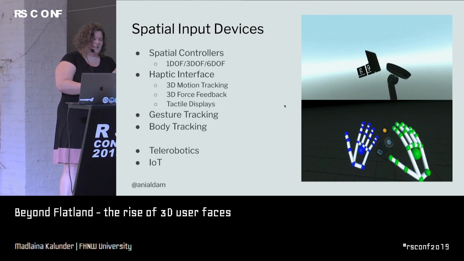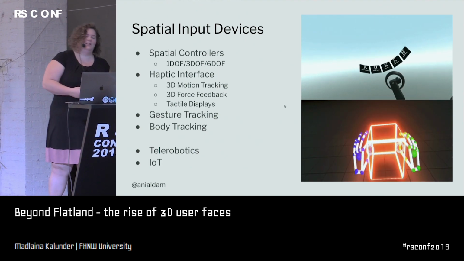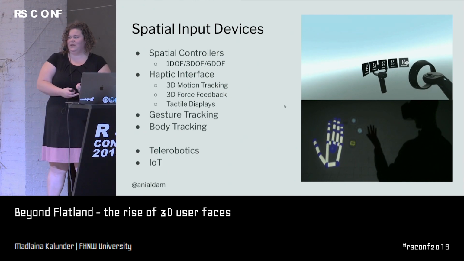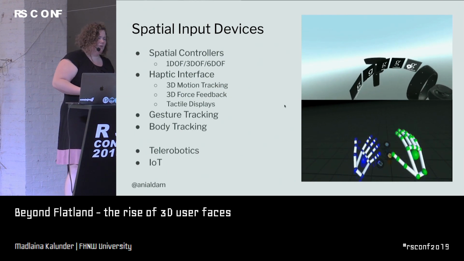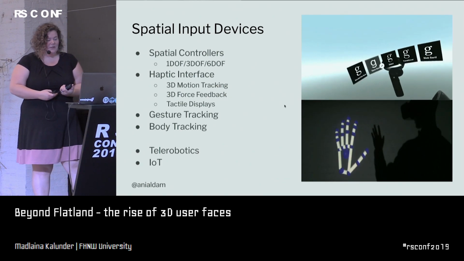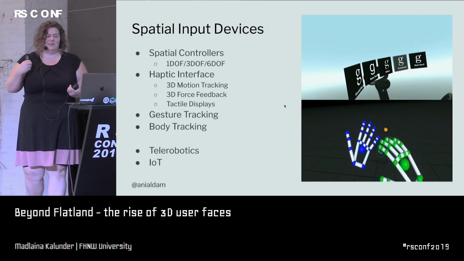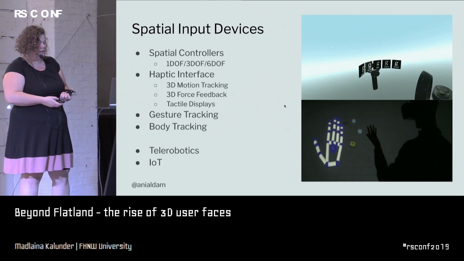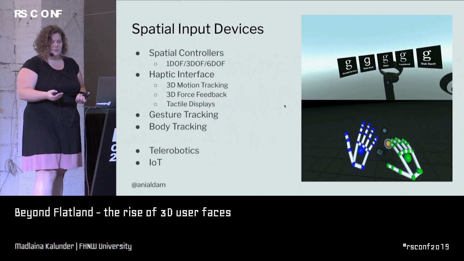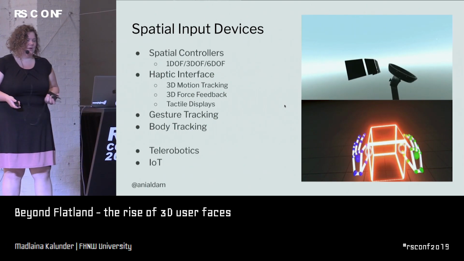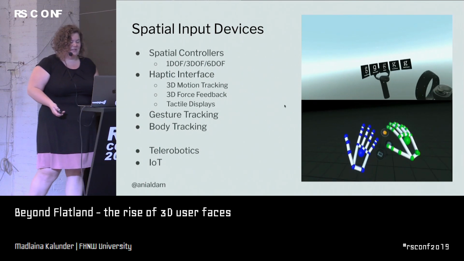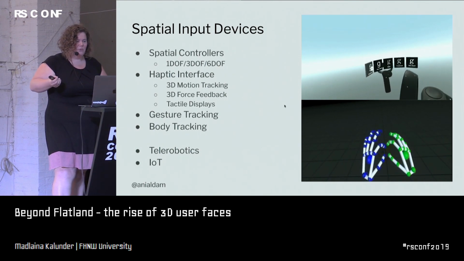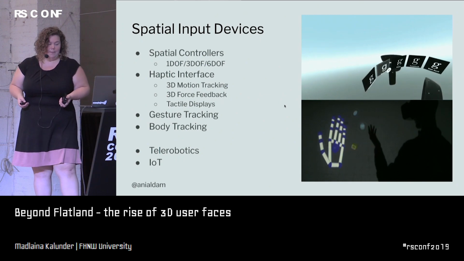Haptics, we will also get into a bit more later to understand really what it could be. But we have 3D motion tracking, 3D force feedback, so the application can actually stop me from going further. And we have tactile displays. That's, for example, your smartphone giving you a feedback, even though it doesn't move any mechanical parts.